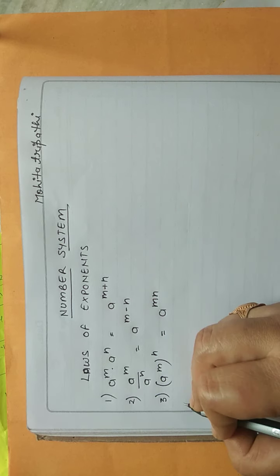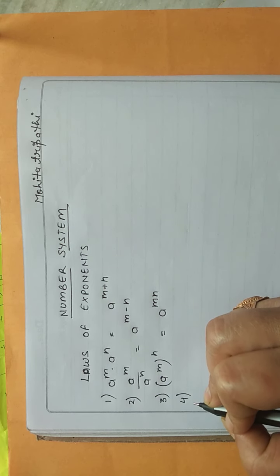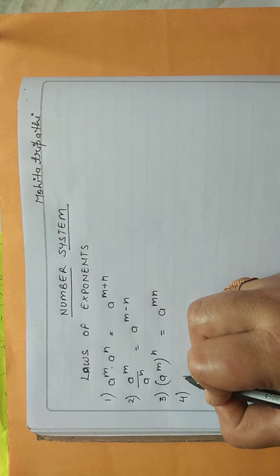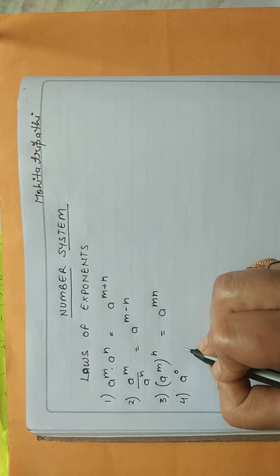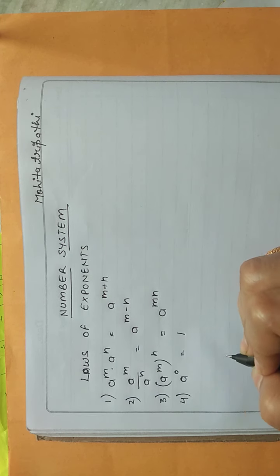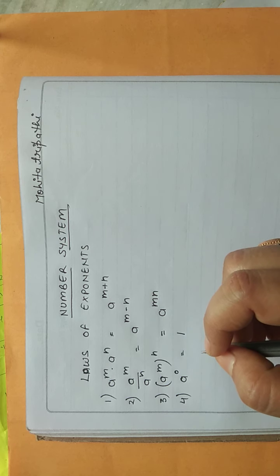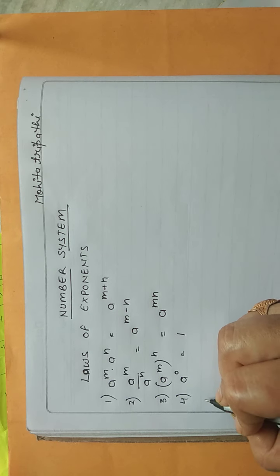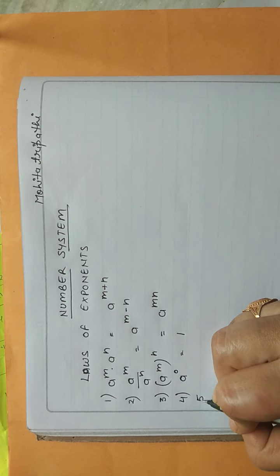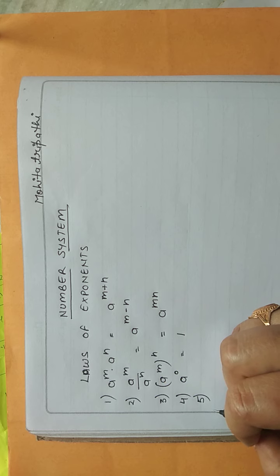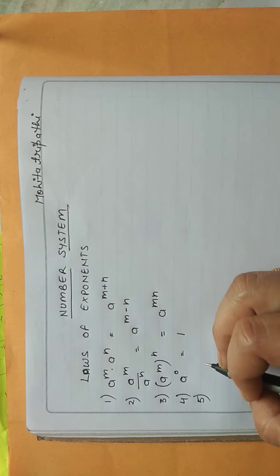Now our fourth rule: a to the power 0 is 1. Any number with power 0, the result is 1. Okay, one more rule. With this rule we have solved many questions in 8th class also.